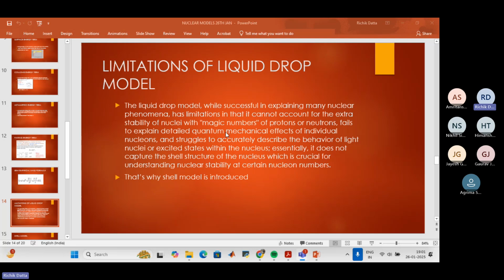You must have heard about the shell structure of the nucleus in your JAM preparation, the K, L, M, N shells, and there are subshells of SPDF. The liquid drop model can't describe the shell structure of the nucleus. That's why the shell model was introduced.